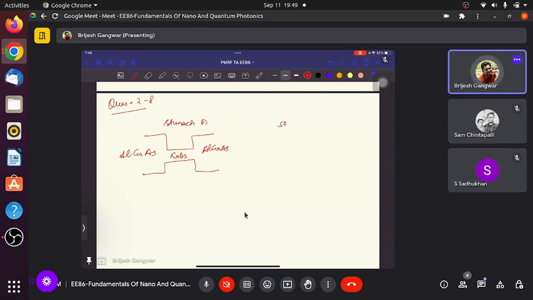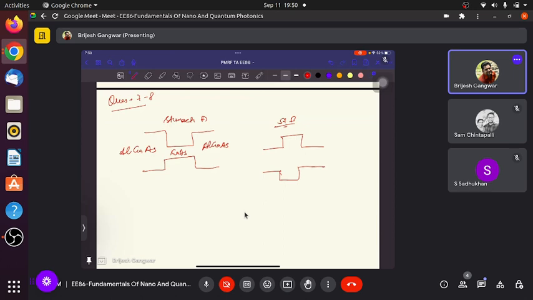Similarly, structure B is this gallium arsenide, this aluminum gallium arsenide.